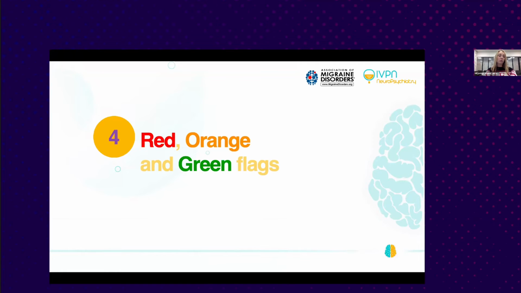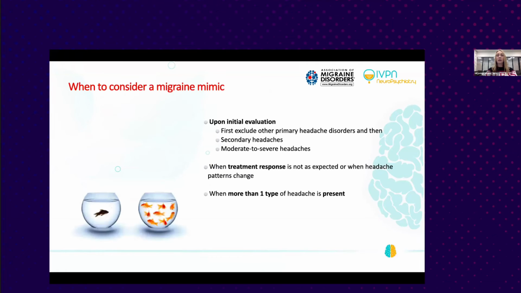So now that we know everything that can happen, we should just remind ourselves of the concept of red, orange, and green flags. When should we consider a migraine mimic? Initially, upon initial evaluation, when your patient has first showed up in your office saying, I have a headache. Then you should be thinking of excluding primary headache disorders first and then secondary headaches.